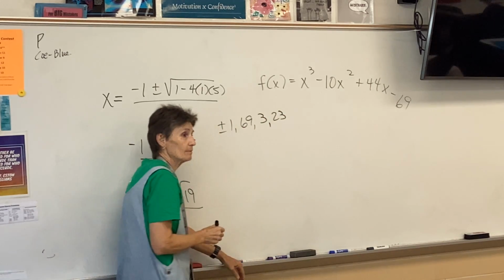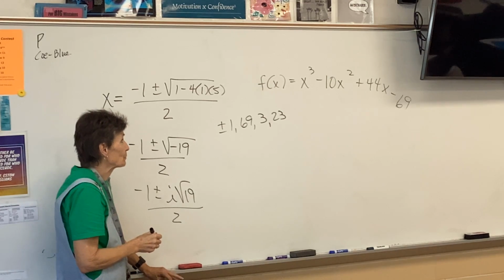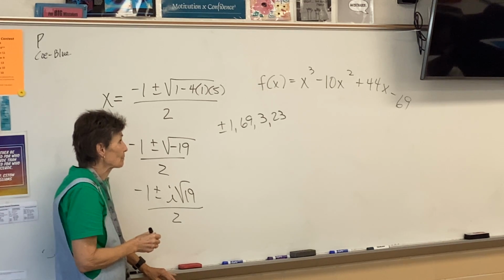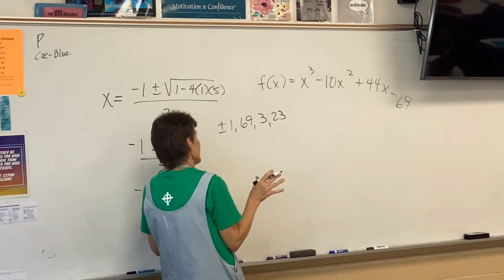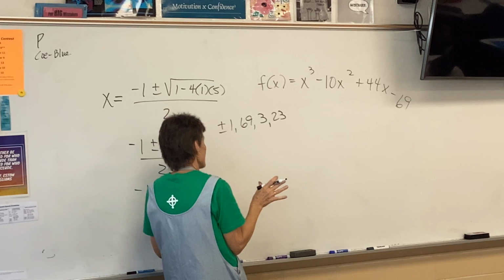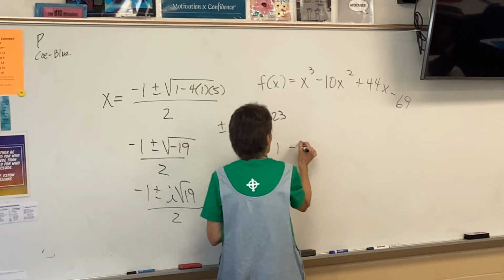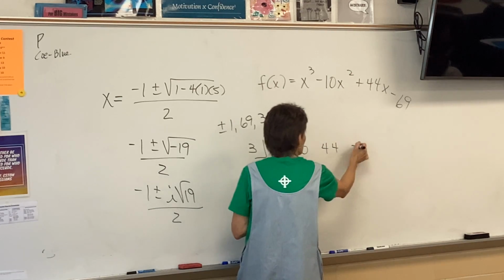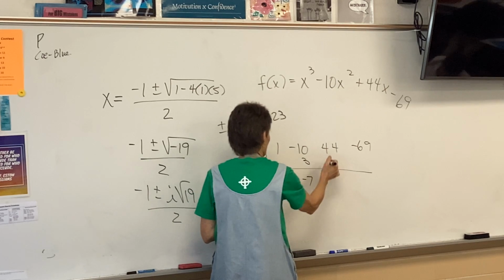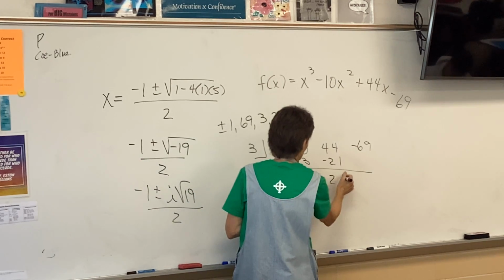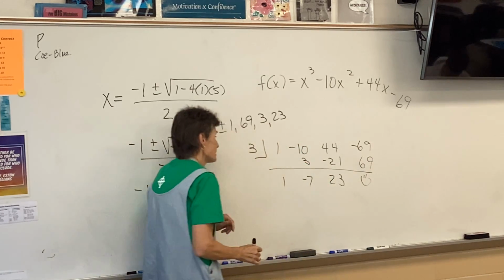I think that's it. So let's not do 69 and 23. Let's try the other ones first. How about 3? Do you think 3 works? Seems promising. Let's see. Yay, it does.